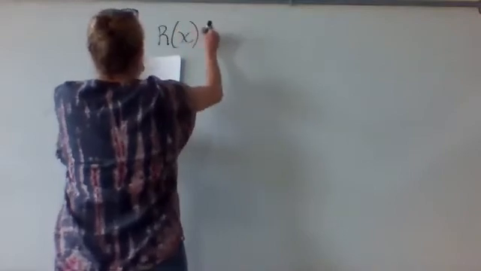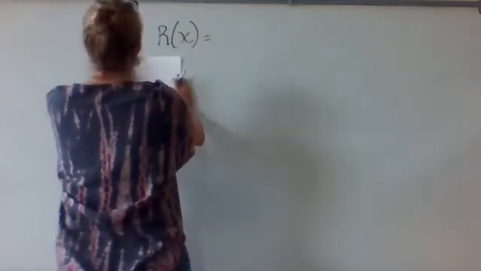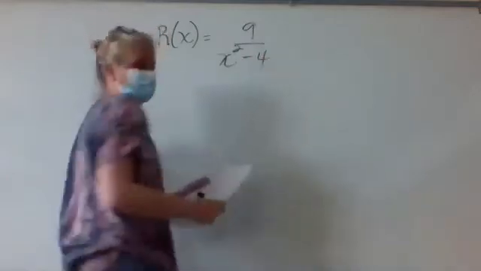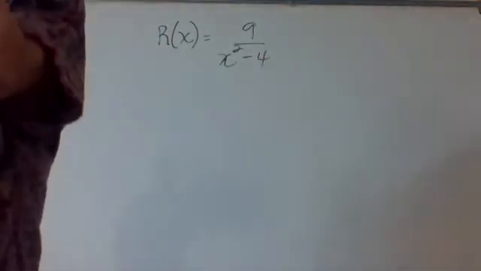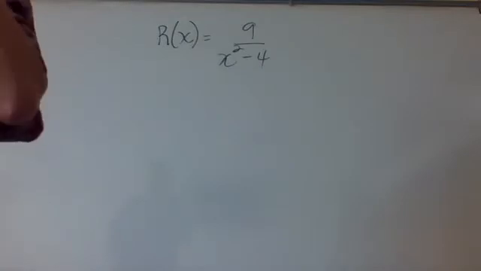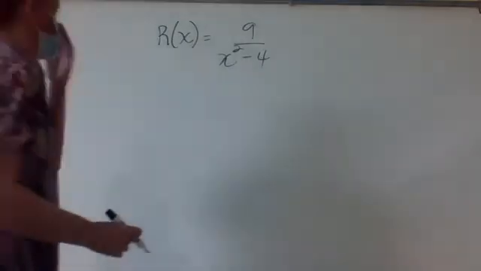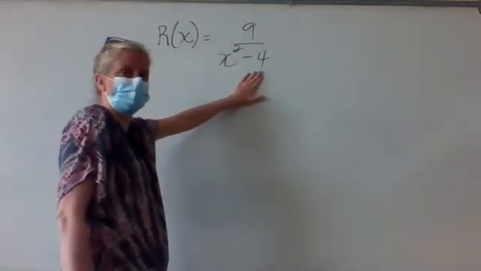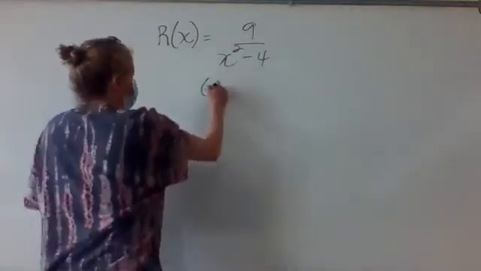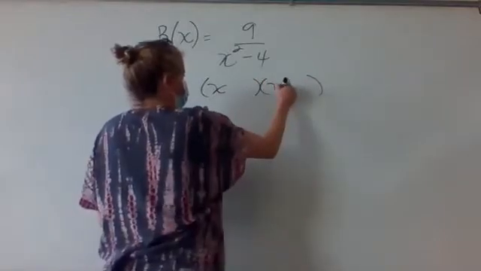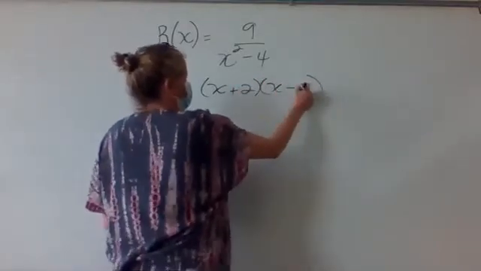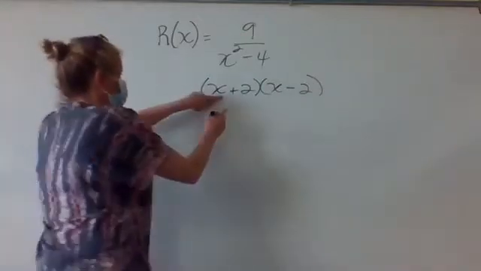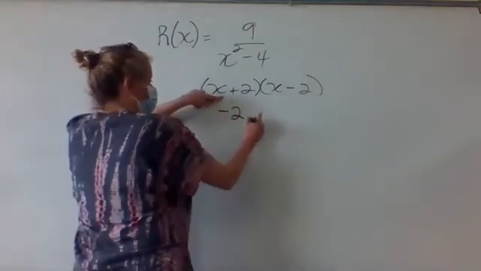So if my function is r of x equals 9 over x squared minus 4, I can put that in quad to find the zeros of the denominator, or I can just factor that real fast because it's a difference of squares. It's not bad. x plus 2 and x minus 2. So the 0 coming from this factor would be -2.